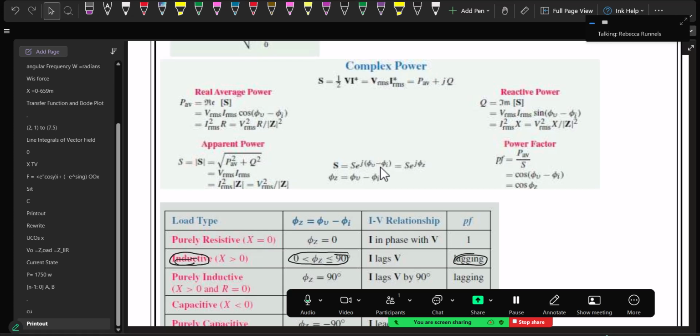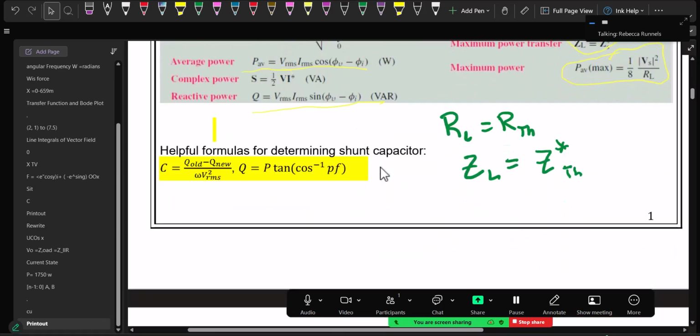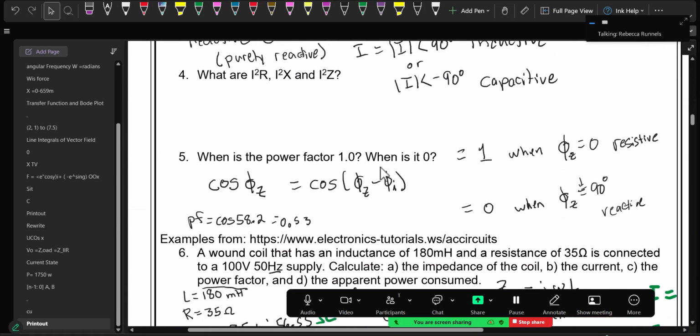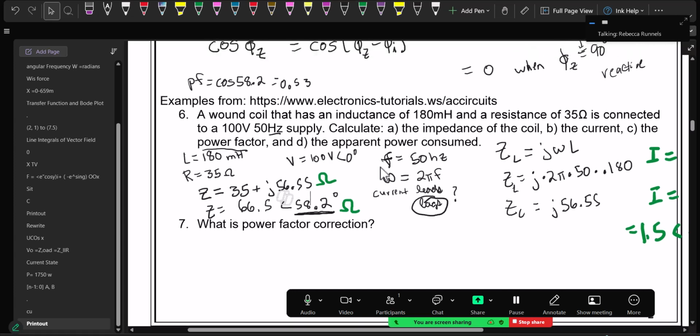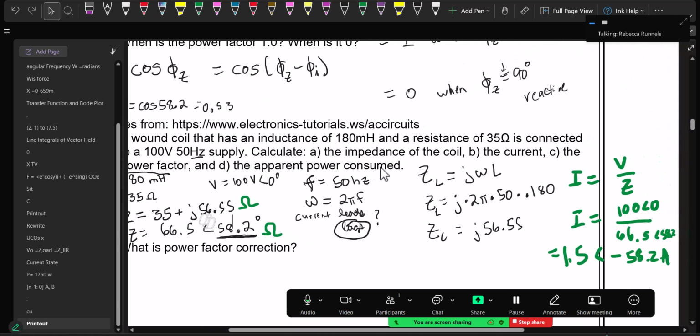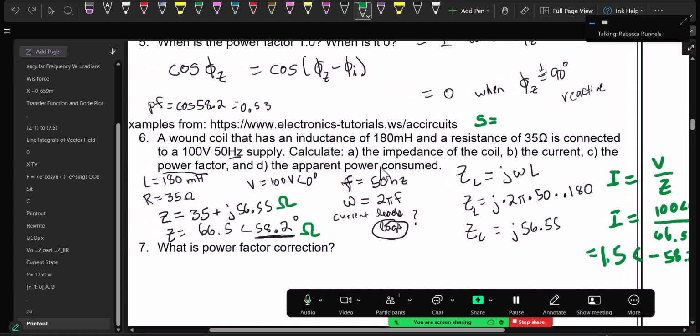I feel like there's an easier way, but I always go back to my old standby. So S equals, now they did not tell us this is RMS.